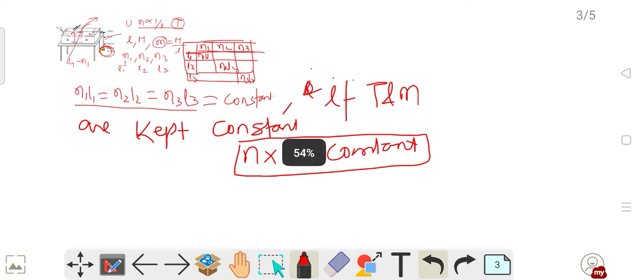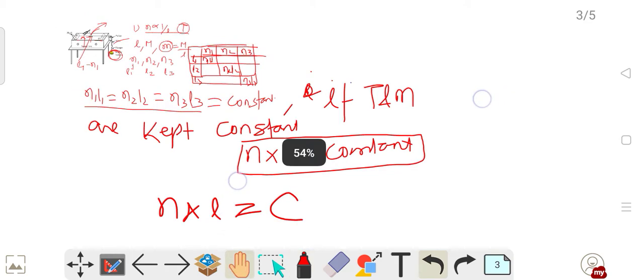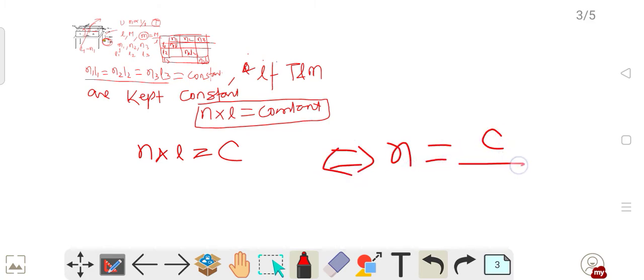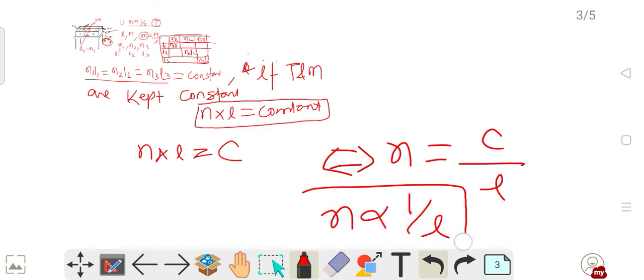That means you can write N into L equals constant. That means N equals constant upon L. If I remove this constant, this means N is directly proportional to 1 upon L. So this is the first law, and this was experimentally verified using sonometer.